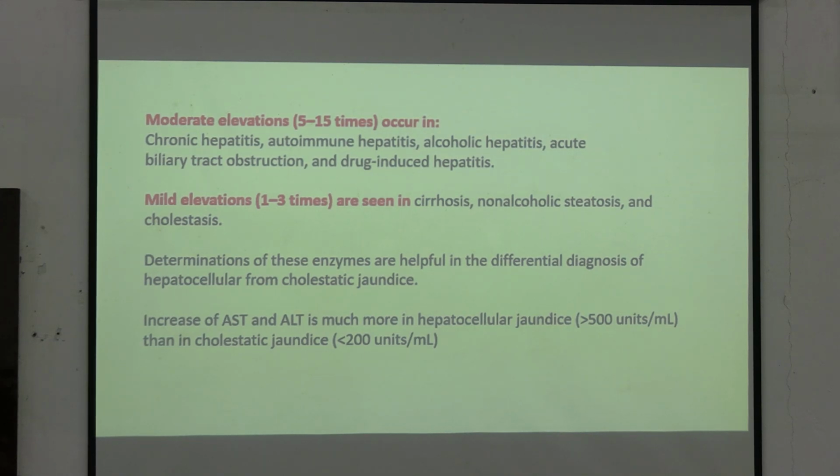Determination of these enzymes is helpful in the differential diagnosis of hepatocellular from cholestatic jaundice. Increase of AST and ALT is much more in hepatocellular jaundice than in cholestatic jaundice.